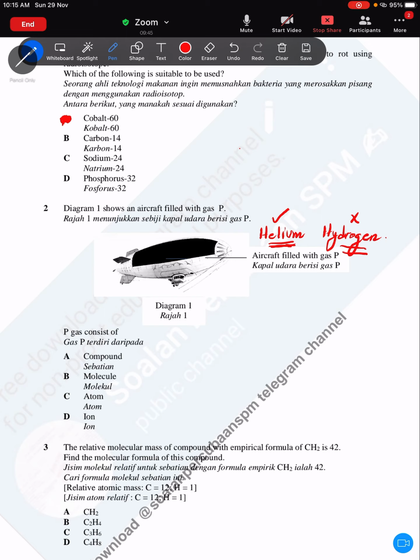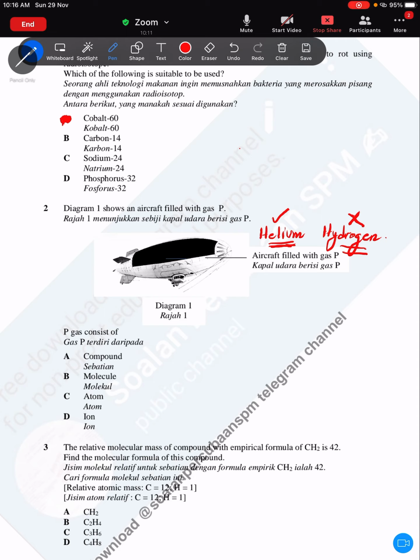The oxygen and the hydrogen will combine and produce a pop sound. That is what we call an explosion. You must keep in mind that's the main reason why we didn't choose hydrogen over helium.